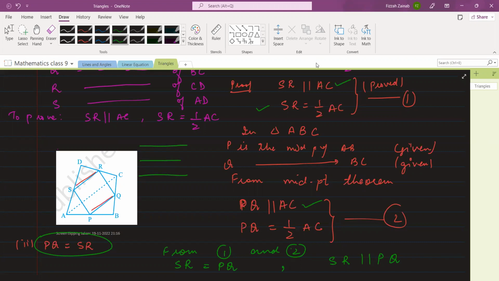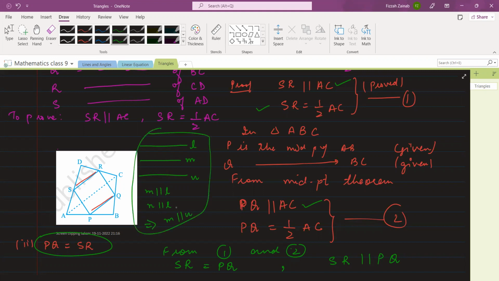So if you have three lines, let's say L, M, and N, right? If your line M is parallel to line L, and your line N is parallel to L, so these two lines are parallel to the same line. The theorem says that the two lines are parallel to each other. Understand?